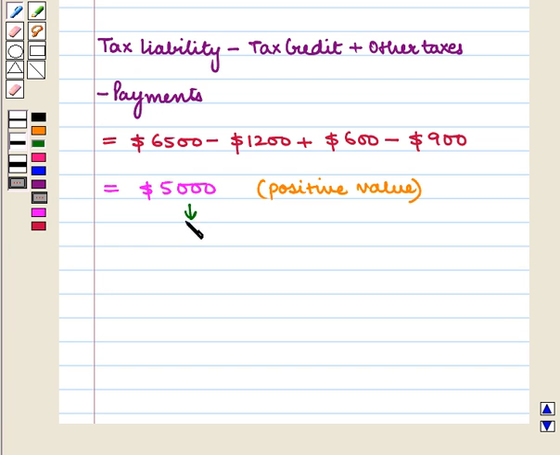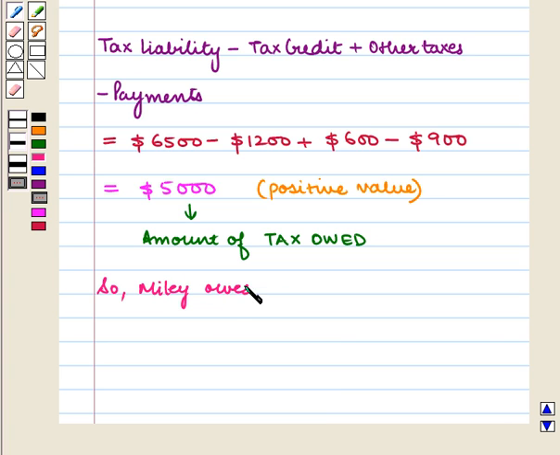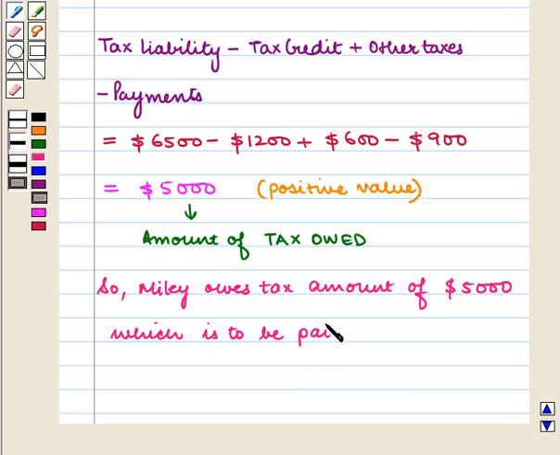So, this is the amount of tax owed. So, Miley owes tax amount of $5,000, which is to be paid to the government.